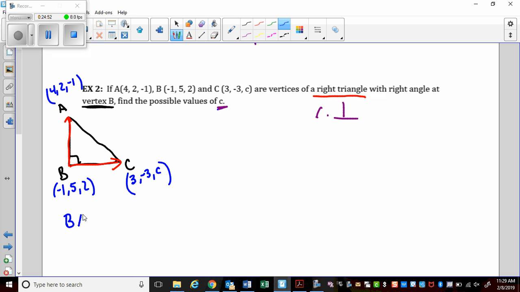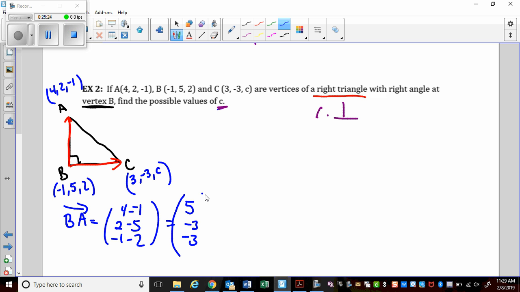BA, remember, is A minus B. So this is 4 minus negative 1, 2 minus 5, and negative 1 minus 2. This is 5, negative 3, negative 3. BA is this vector.